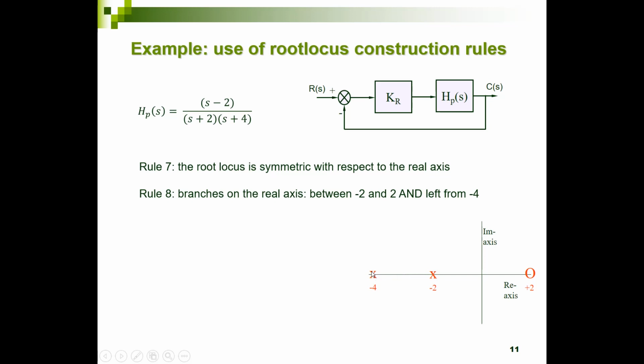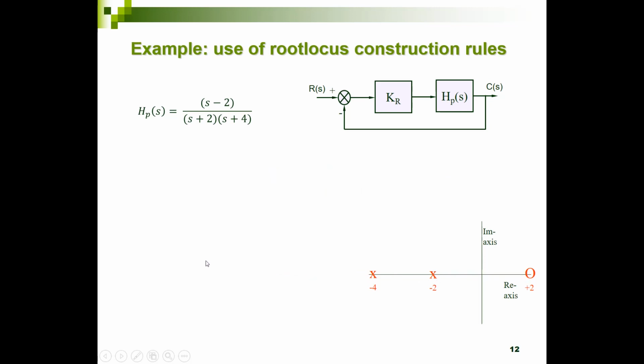At this point we see a pole again, so the total number of poles and zeros is 3, so again it's an odd number. So this part of the real axis belongs to the root locus. So it is indicated by these red lines.